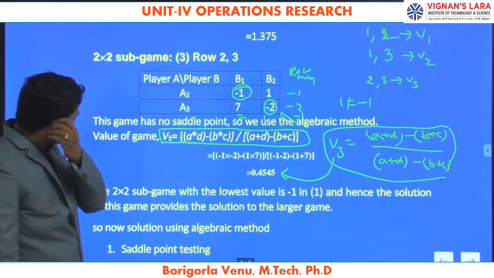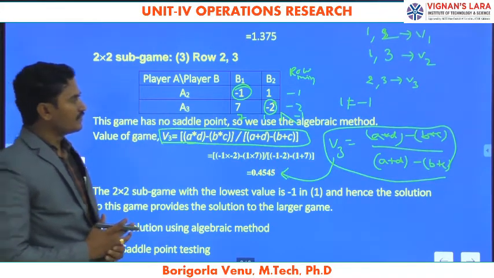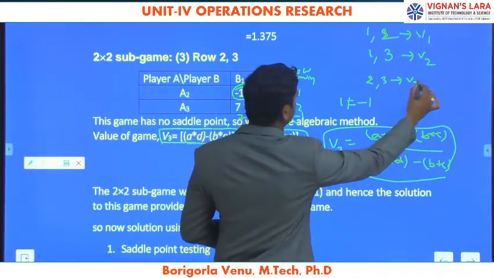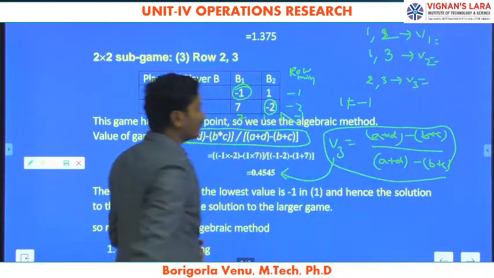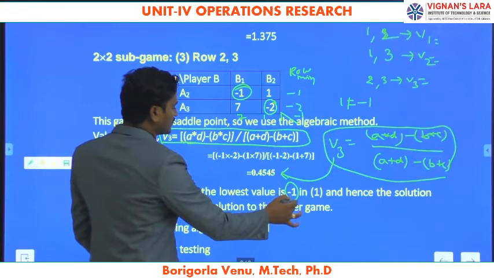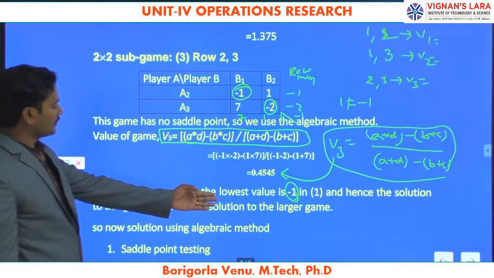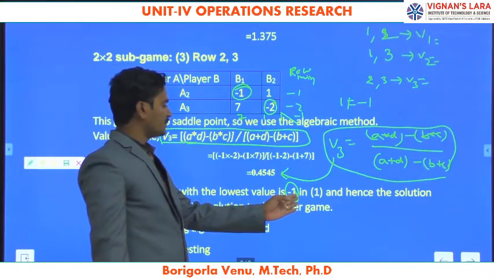After calculating this we compare the values. Already we have the three values v1, v2, v3. From these values we get the lowest value at the first sub matrix, and that value is minus 1.